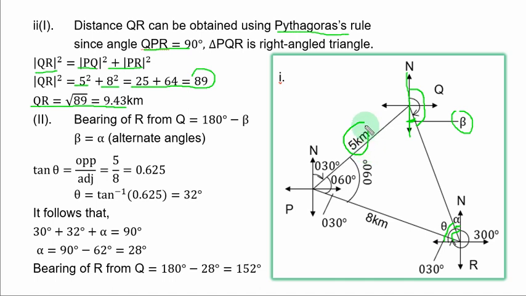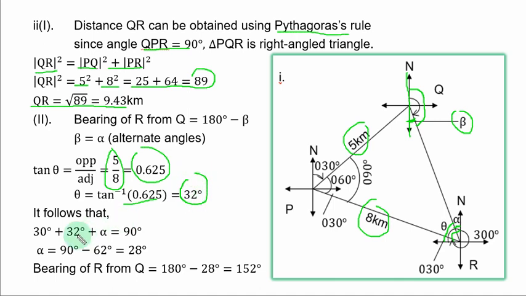So this becomes opposite and this is adjacent. So tan theta is equal to opposite over adjacent, that is 5/8, and you have 0.625. To get theta, you take the inverse of tangent of 0.625, and that is 32 degrees.